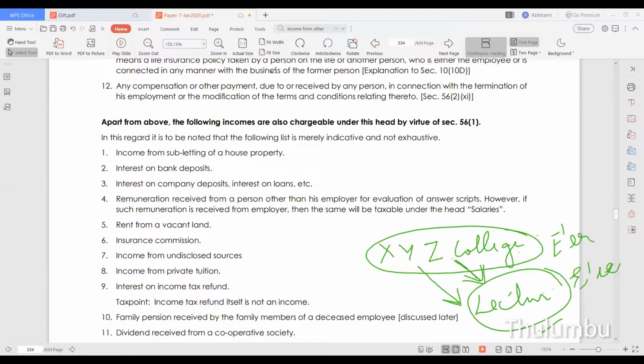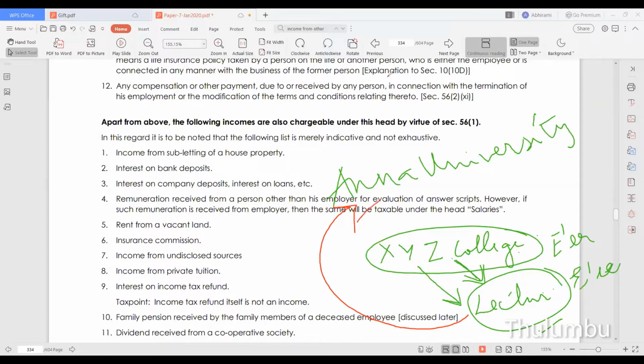Say if suppose Anna University. The same lecturer goes to Anna University to do correction. For this correction, say she is receiving a remuneration of 100 rupees per paper.